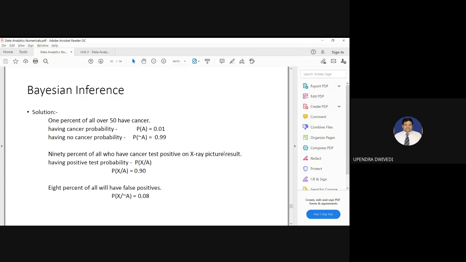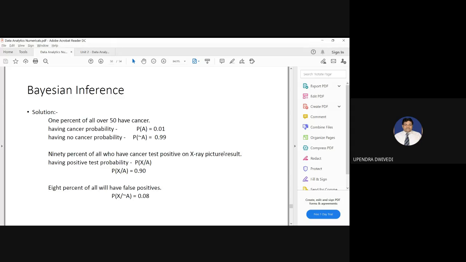So the first statement is 1% of all over 50 have cancer. Having cancer, if we define it as A, then probability of A is equal to 0.01, meaning 1% of those over 50.